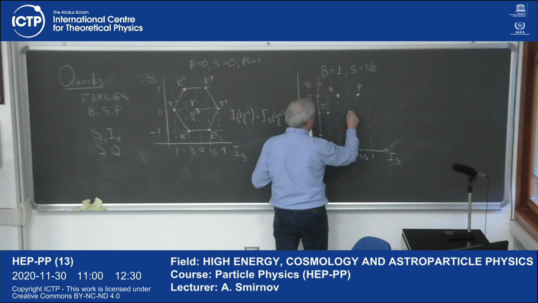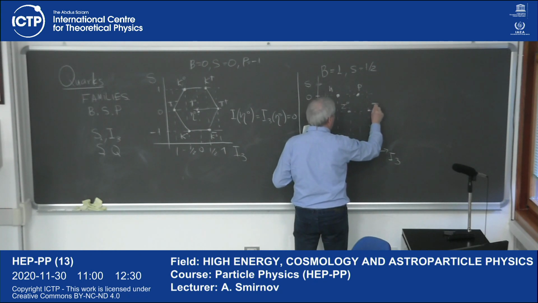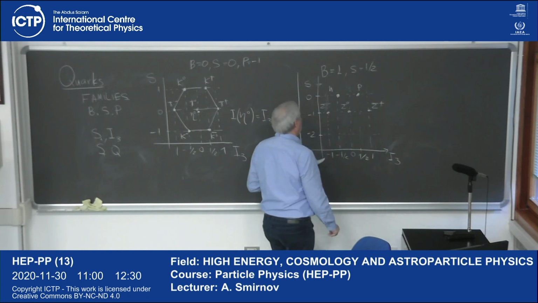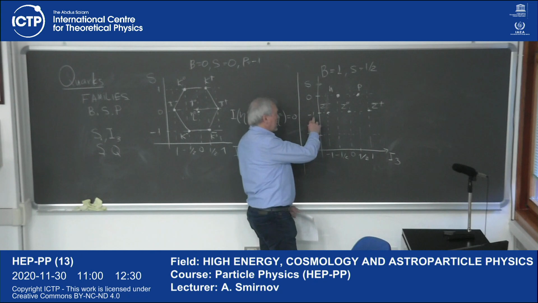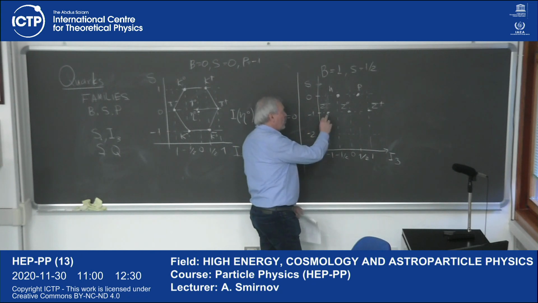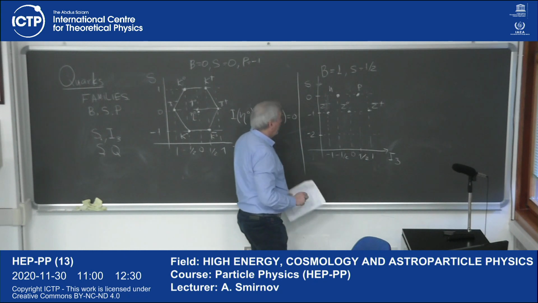Sigma minus, sigma 0, and sigma plus, and this is analogy of pi mesons. They have strangeness minus 1, and they form isospin triplet with components minus 1, 0, and plus 1.